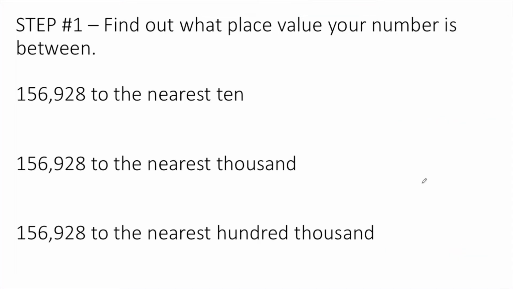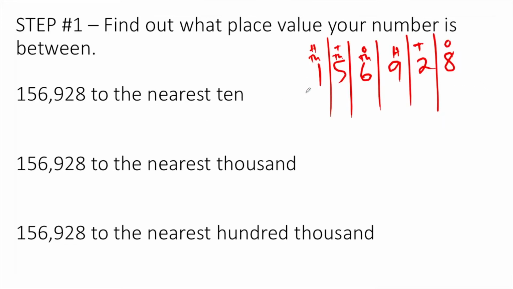Let's do some examples so I can show you what I mean by following these patterns, right? If we're gonna round, step 1 is always to find what your place value is between. So let's say that if I want to find what this number is between, to the nearest 10, I put my number in the place value chart, and if I want to know how many tens are in the number, I redraw that place value chart with just tens, like this.